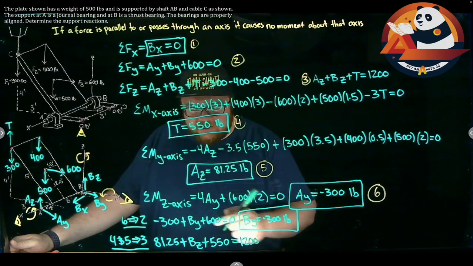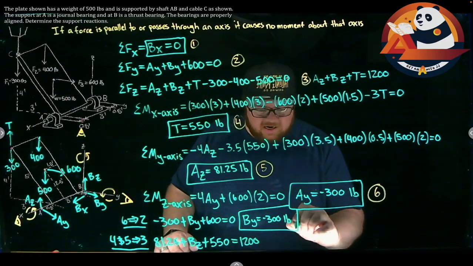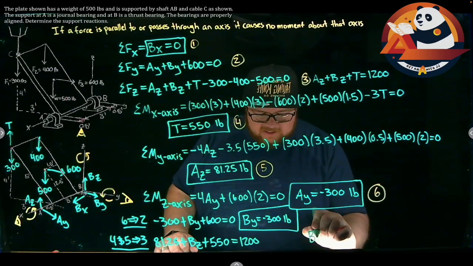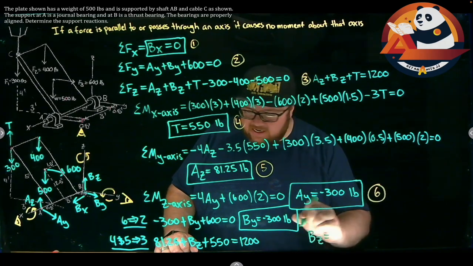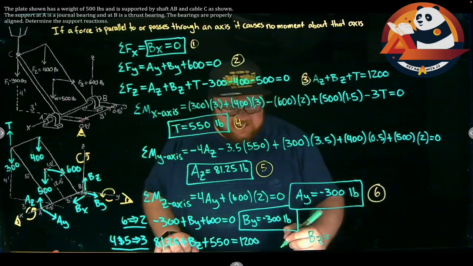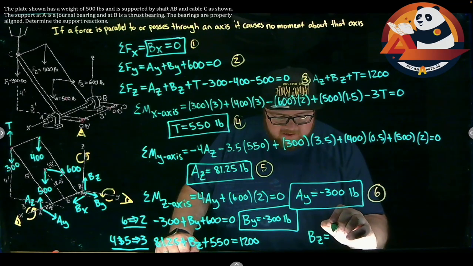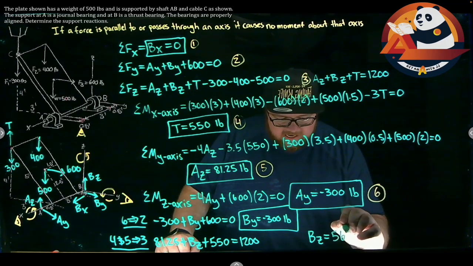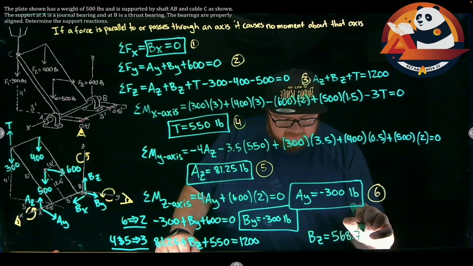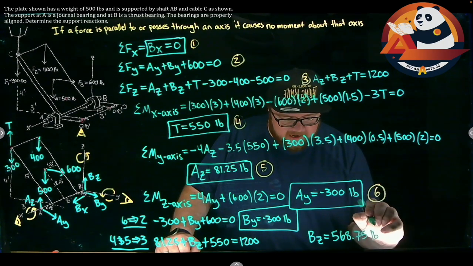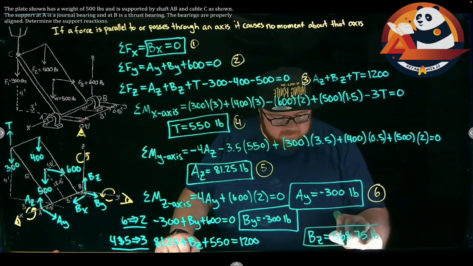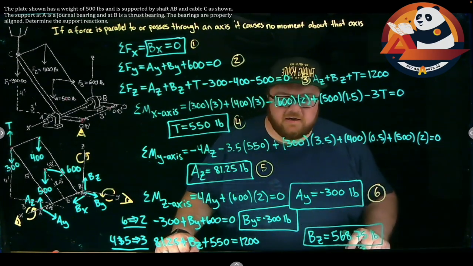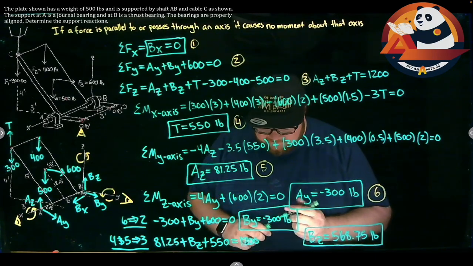Moving that 81.25 and 550 over, I'm going to get here my final answer. BZ is equal to 568.75 pounds, which would be my final answer for everything.